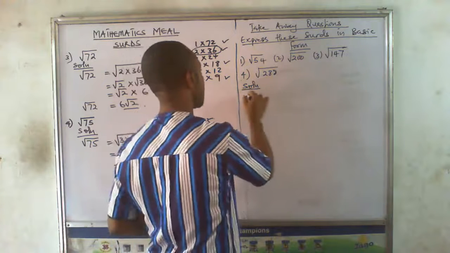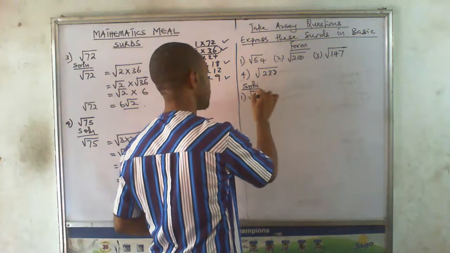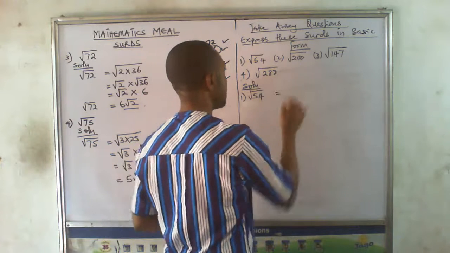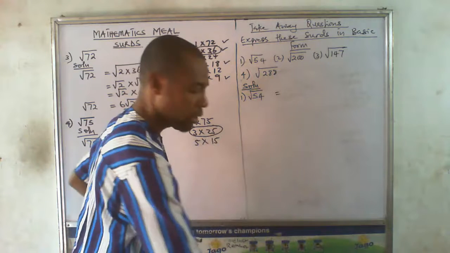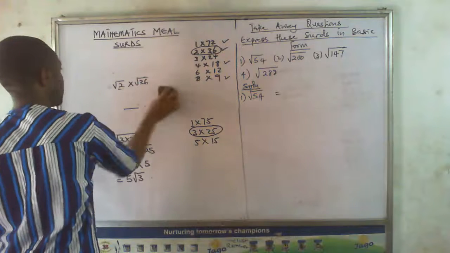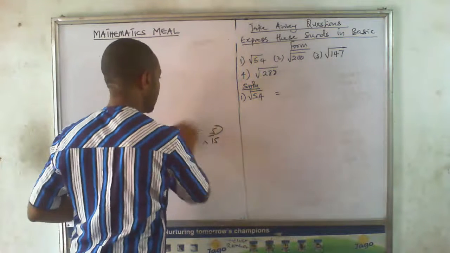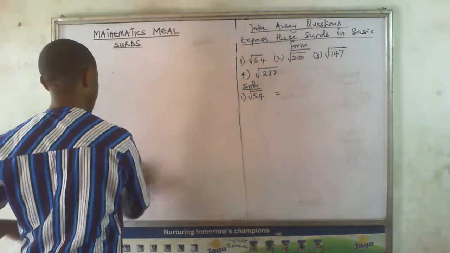We have square root of 54. The first question, square root of 54. Express it in basic form. Let's clear this so that it will not cause confusion in the course of solving this. So let's clear the whole of this.